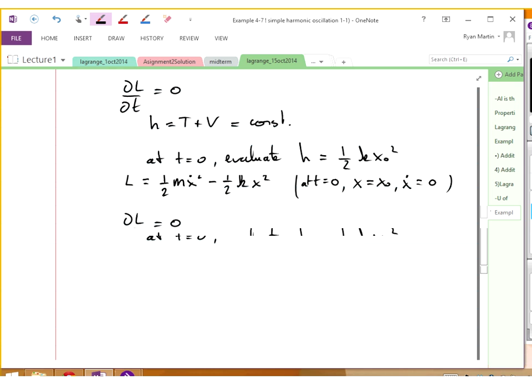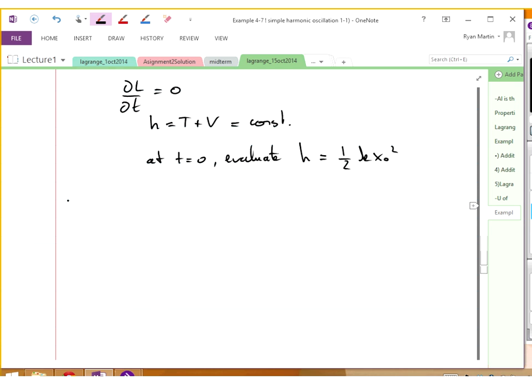So now let's specifically use our equation to, let's say, solve for the period.